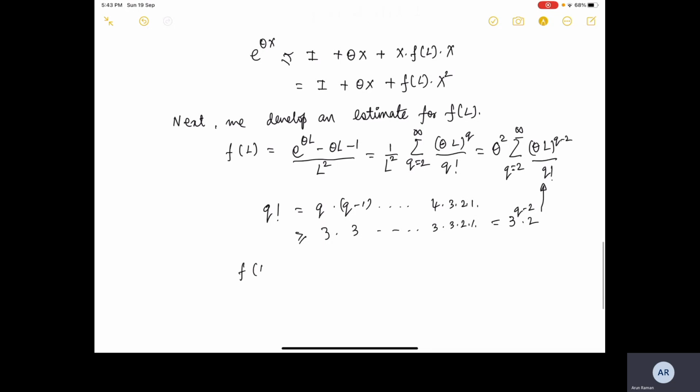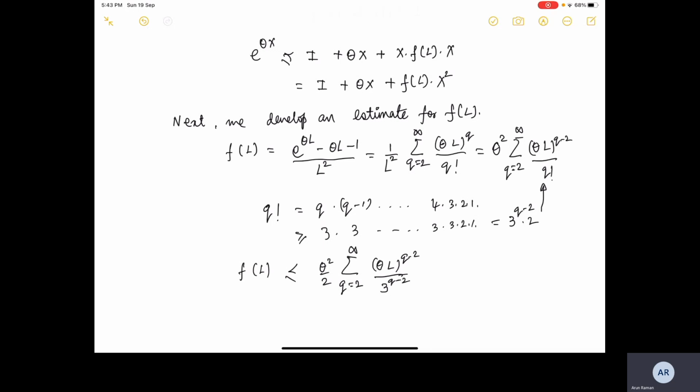So what we have is that f of L is now less than or equal to theta square by 2, sum over q equals 2 to infinity of (theta L)^(q minus 2) by 3 raised to the power q minus 2.